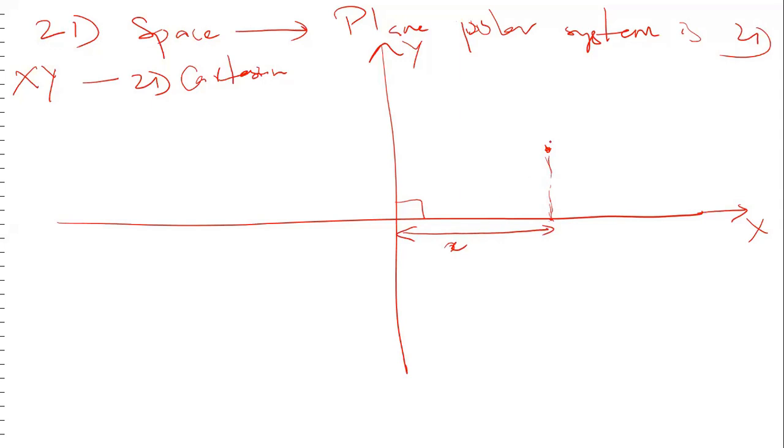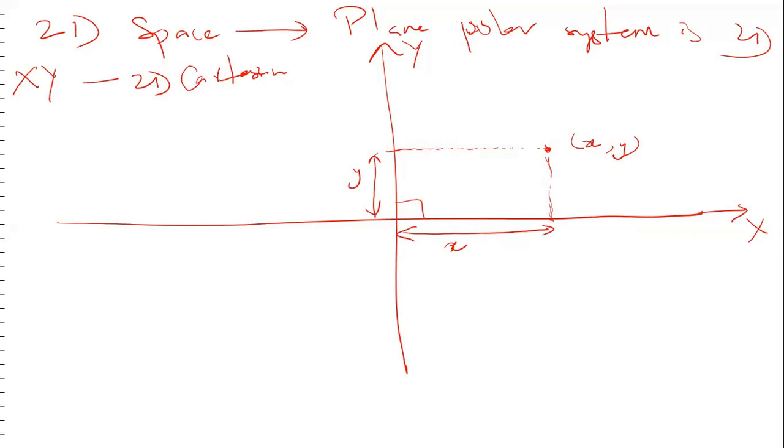We also draw a perpendicular on the y-axis and measure the y-coordinate value. Once we know the x-coordinate and y-coordinate, the location of the point is known to us.